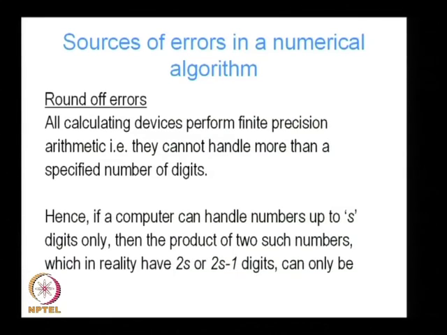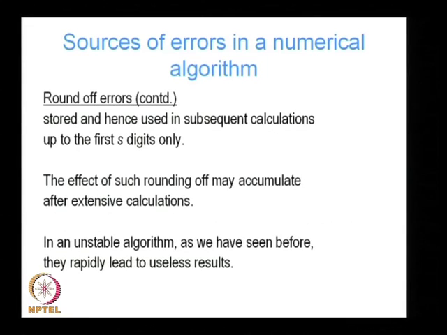The computer, however, will only store it as an s digit number and use it in subsequent calculations using only the first s digits of that number. The effect of such rounding off may accumulate after extensive calculations.